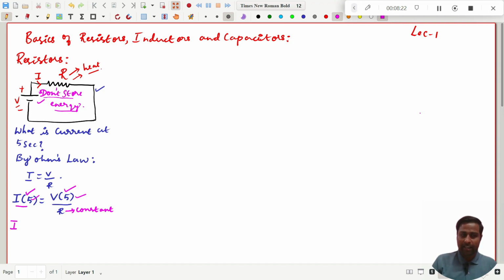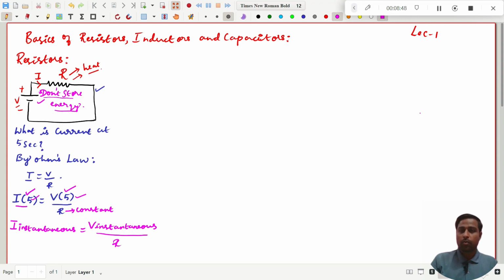Generalizing the formula, I instantaneous will be equal to V instantaneous by R. This is the generalized formula to find the instant current in the resistor.